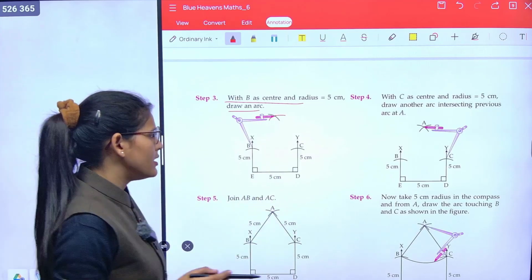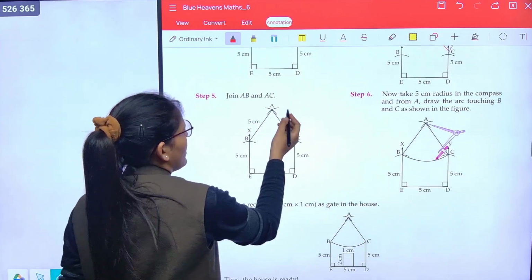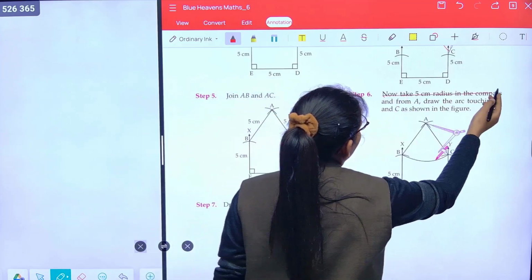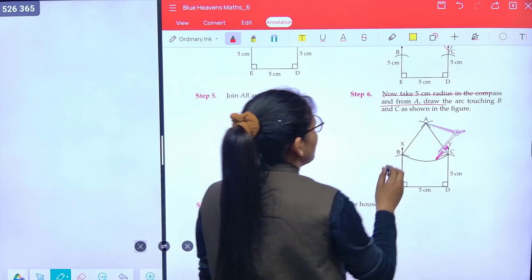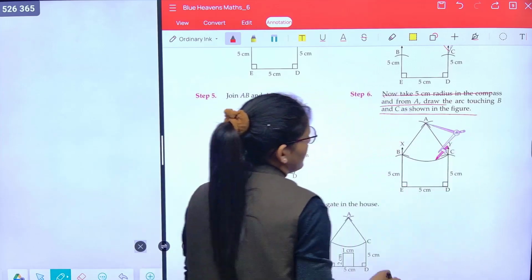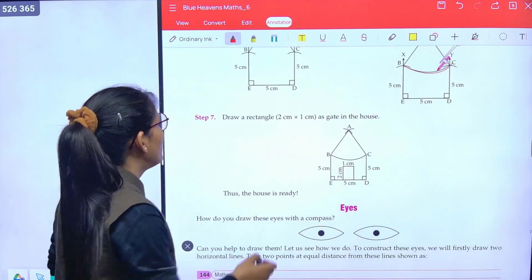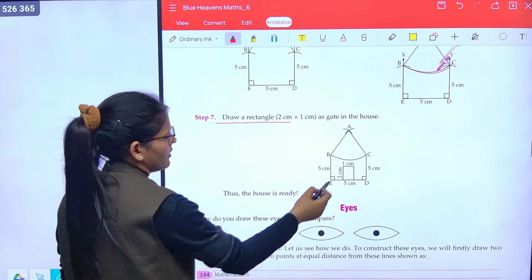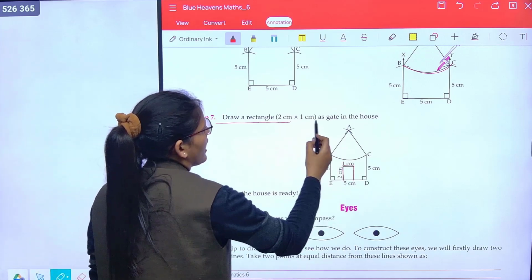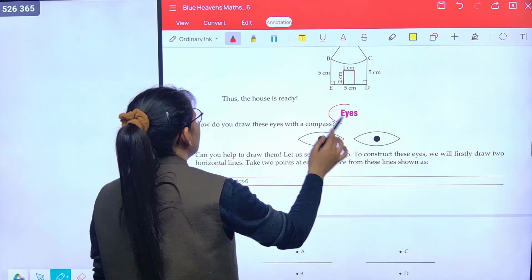Now class, join them. Join AB and AC. Now take 5 centimeter radius of the compass and from A draw the arc touching B and C. Now draw a rectangle 2 by 1 centimeter as the gate in the house. This house is ready.